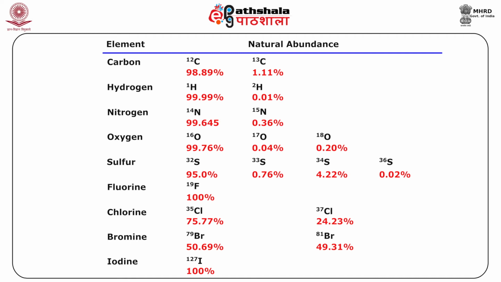That means the peaks will be 1:3 in ratio in the mass spectrum. However, in the case of bromine, 79 bromine has an isotopic abundance of 50% and 81 bromine also has an abundance of 49%. Thus, in the mass spectrum, you will have 2 peaks in the ratio 1:1.